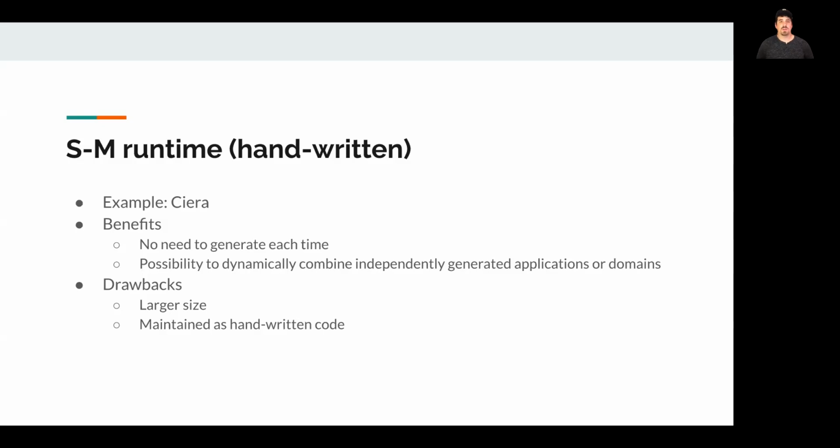For example, you could build and compile a single xtUML domain and include the runtime and combine with other xtUML domains that use the same interfaces. One of the drawbacks of this is that it has a larger size because you have to include the entire runtime in any application. Another drawback is that it's maintained as handwritten code, where most of the other parts of Ciera are maintained as an xtUML model.